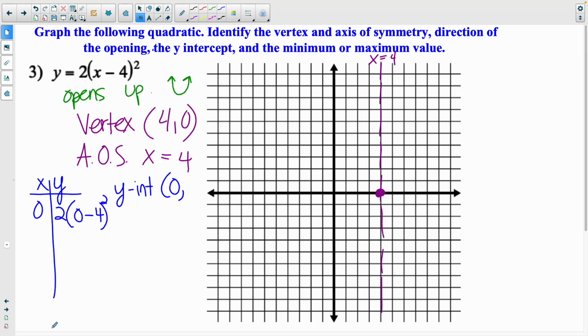Anybody plug that in? What do we got? You guys get 32?